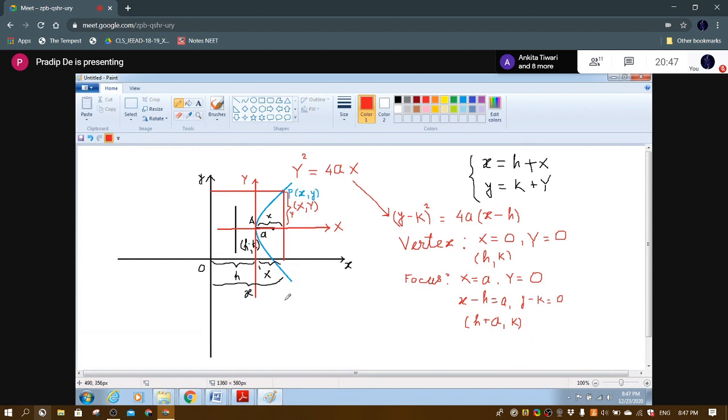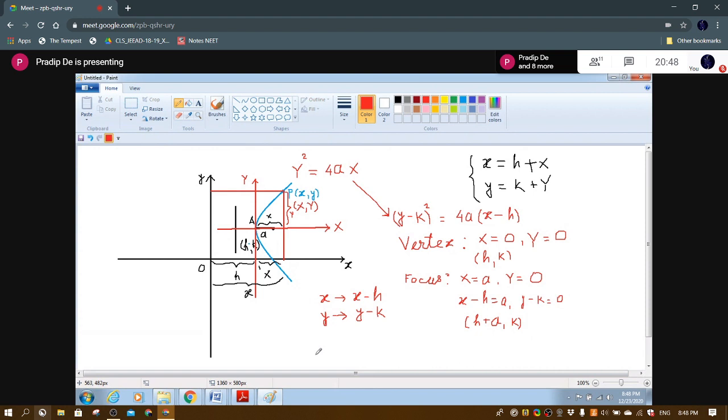So the rule is simple. Replacing x with x minus h and replacing y with y minus k, you get the equations. That is number 1.